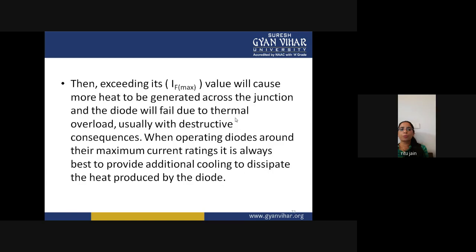So if you want to protect the diode from damage or thermal breakdown, you have to take some precautions. You have to provide some additional cooling to the diode, so heat dissipation can be reduced, and the diode can safely operate.